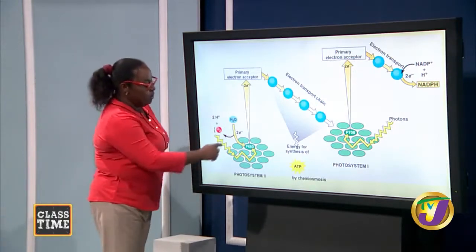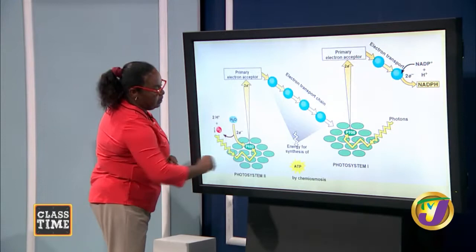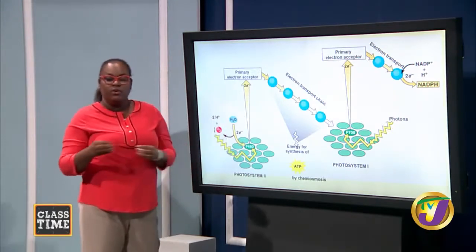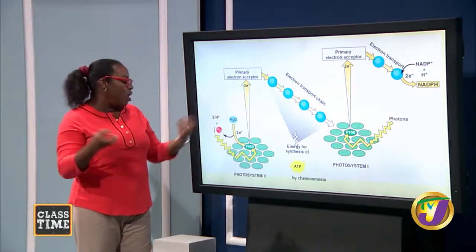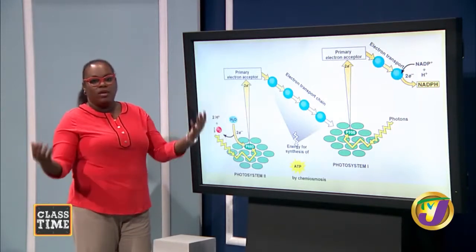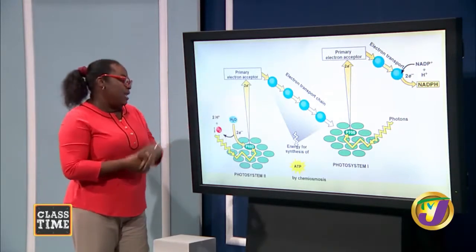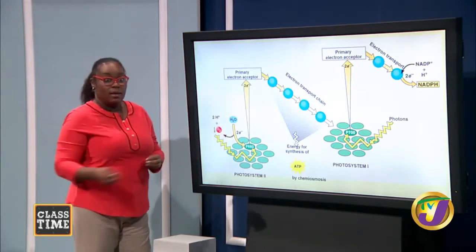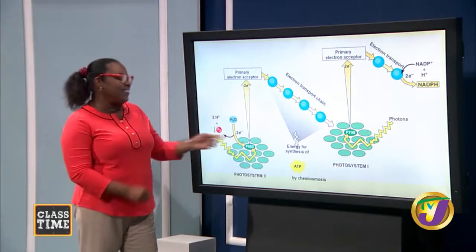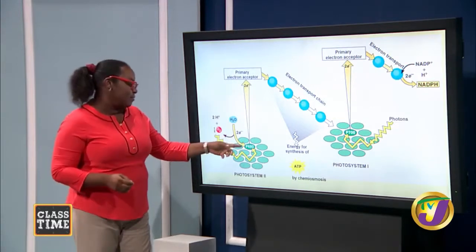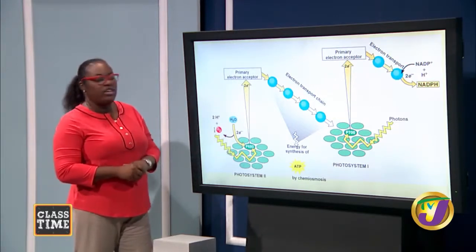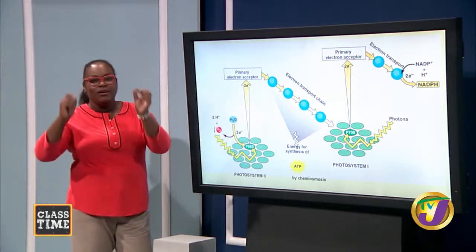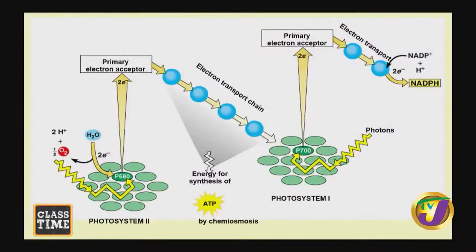As I said before, the accessory pigments at the photosystem all absorb light coming in from the sun or whatever the light source is, and eventually they pass all this energy to the reaction center, which is a particular chlorophyll A molecule.